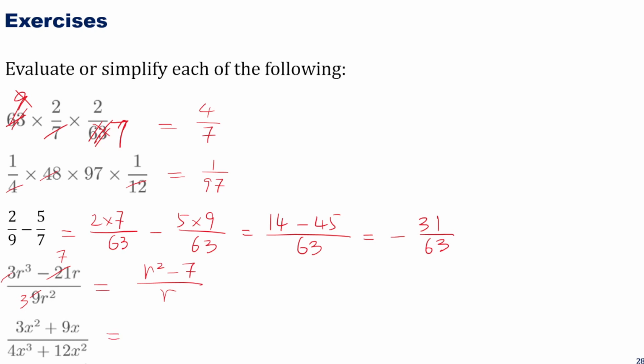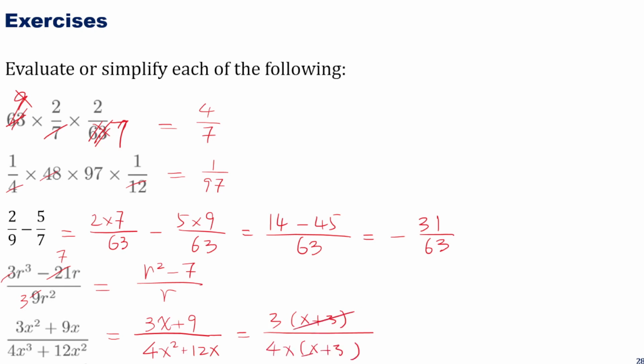And last one, we can cancel an x, so that gives us 3x plus 9 over 4x squared plus 12x, and that's 3 times x plus 3 over 4x times x plus 3, and then cancel x plus 3. That gives us 3 over 4x, right? Of course, x cannot be 0. Here, r cannot be 0, right?